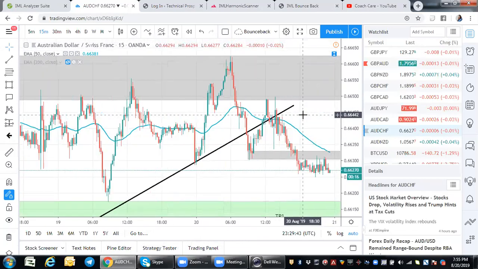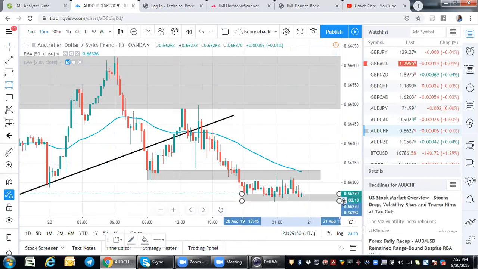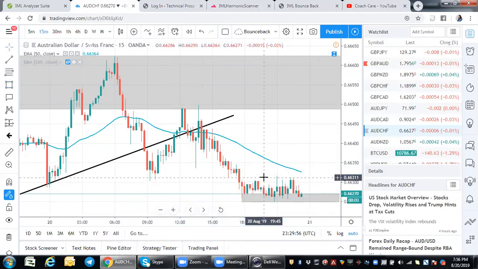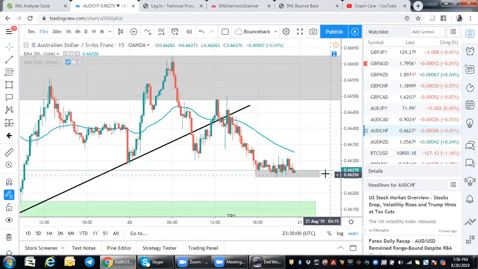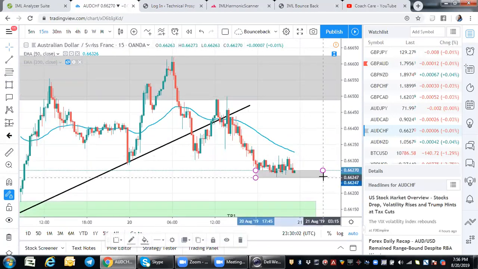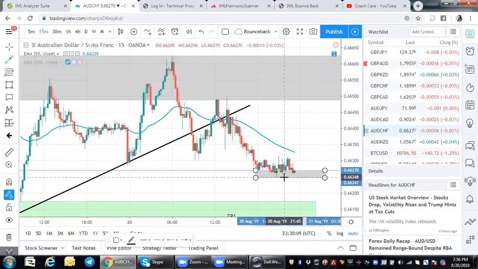So for those of you who are not in the trade as yet, let me create another zone for you. For those of you who are not in the trade as yet on AUDCHF, wait for this support zone to be broken with a solid body candle, right? And take profit is here.